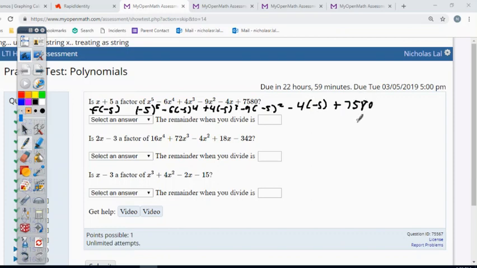Let me quickly do this in my head. I'm just kidding, y'all. I'm not able to do this in my head. But what I can do is evaluate this in the calculator.